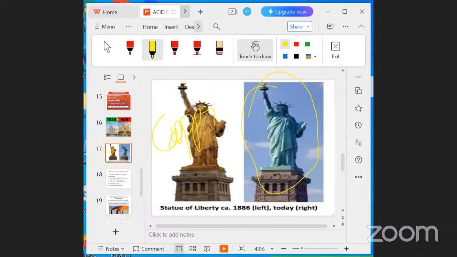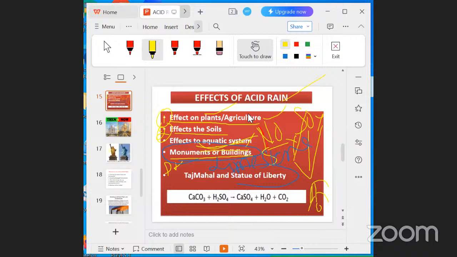So marble is basically calcium carbonate, right? Calcium carbonate. So the chemical formula of marble is CaCO3. And when acid rain falls on this marble, it can be Taj Mahal, or it can be any other building, or it can be the floor of your houses also.